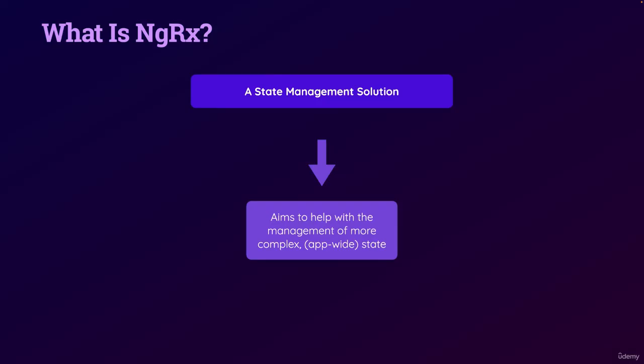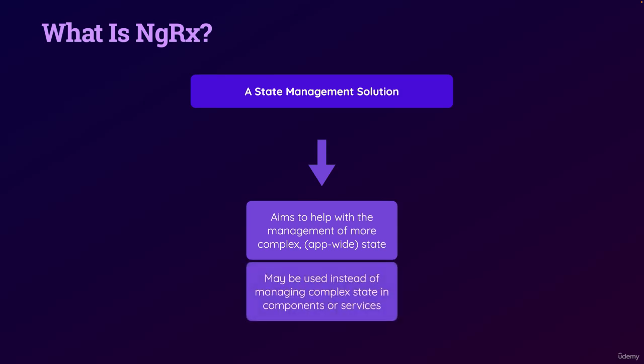So you already learned about state management, and NGRX is simply another solution you could use instead of storing and managing your state directly inside of components or services, and it therefore is a totally optional solution.